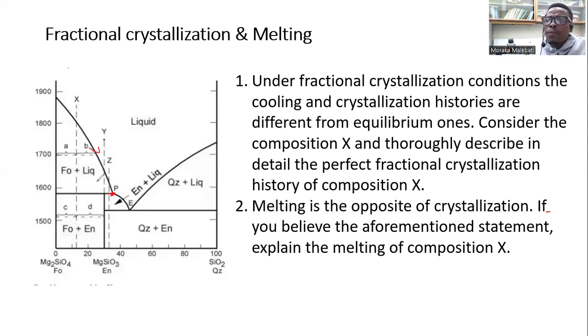Okay. So therefore, when the temperature reaches this peritectic temperature of 1580 degrees Celsius, there will be no phosphorite available to react with the liquid. Remember, we know the peritectic is when the previously precipitated crystals react with the liquid to produce new things. In this case, anorthite.